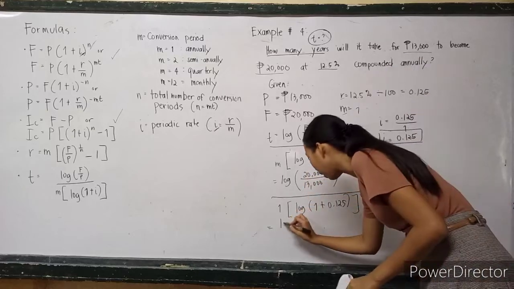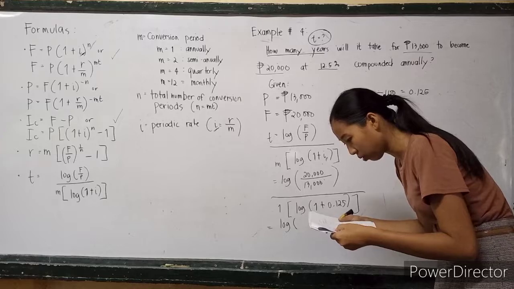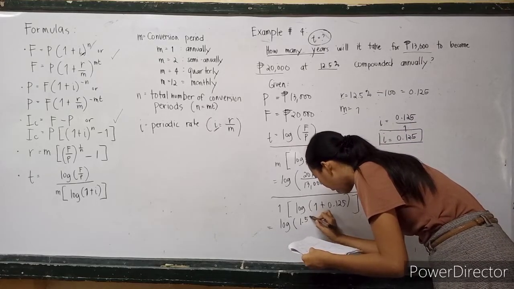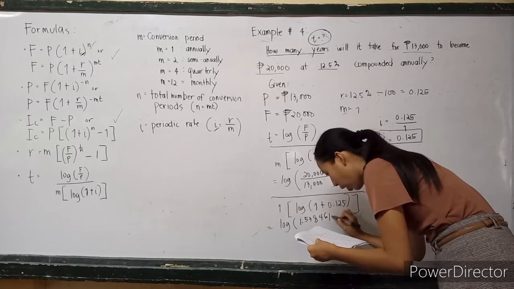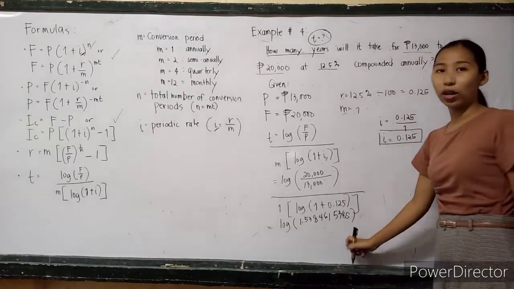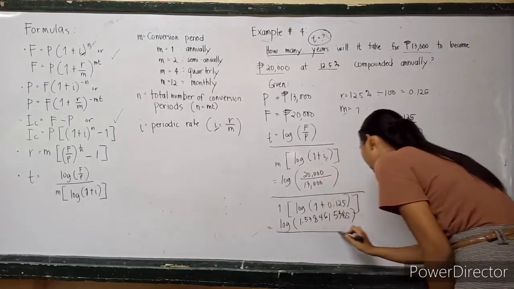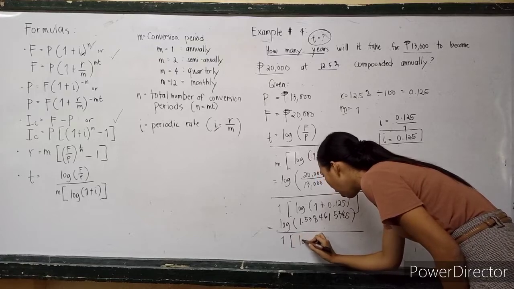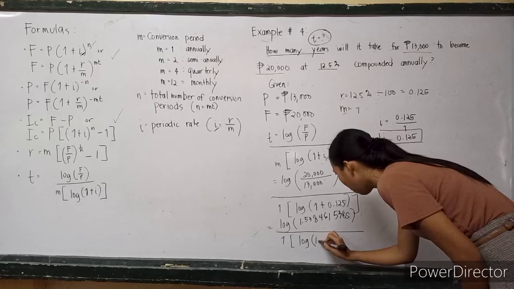The answer for 20,000 divided by 13,000 is 1.53846153885. It's quite long, so I wrote the value in the calculator. Then divide by 1, and then log of, we add the two: 1.125.